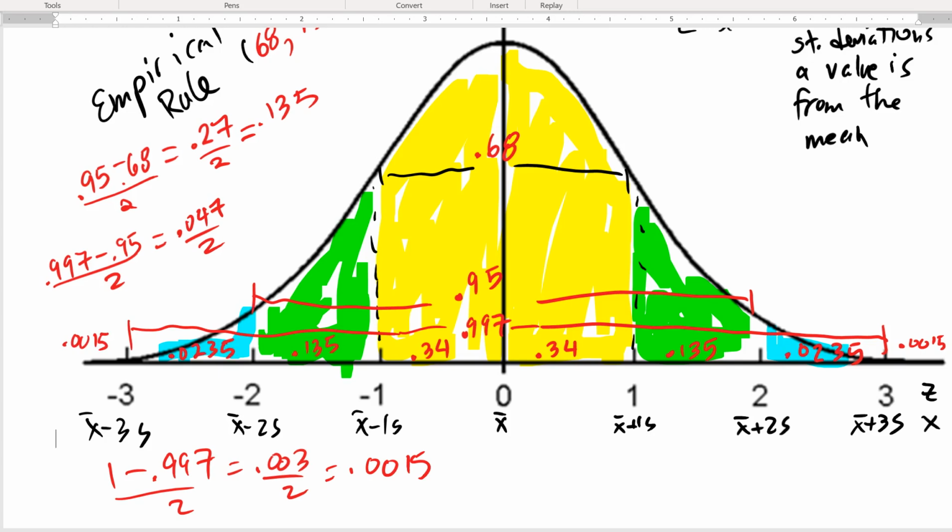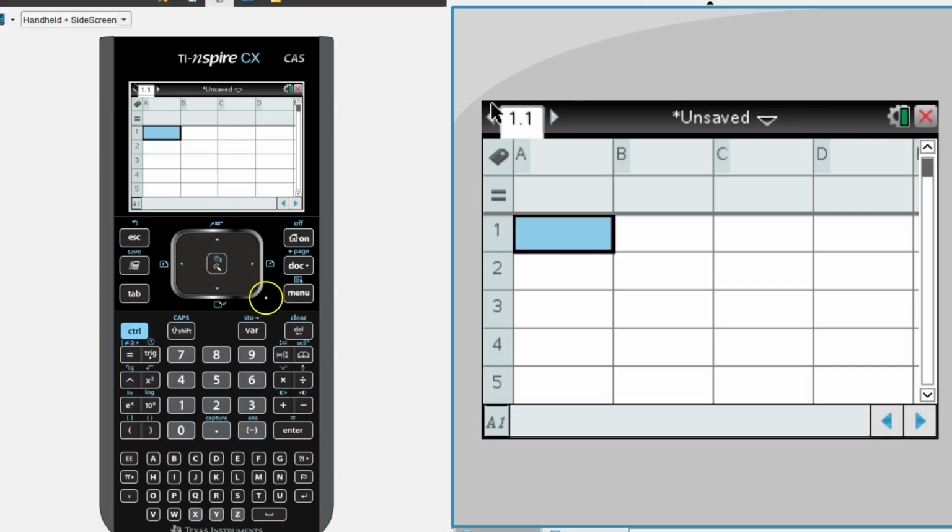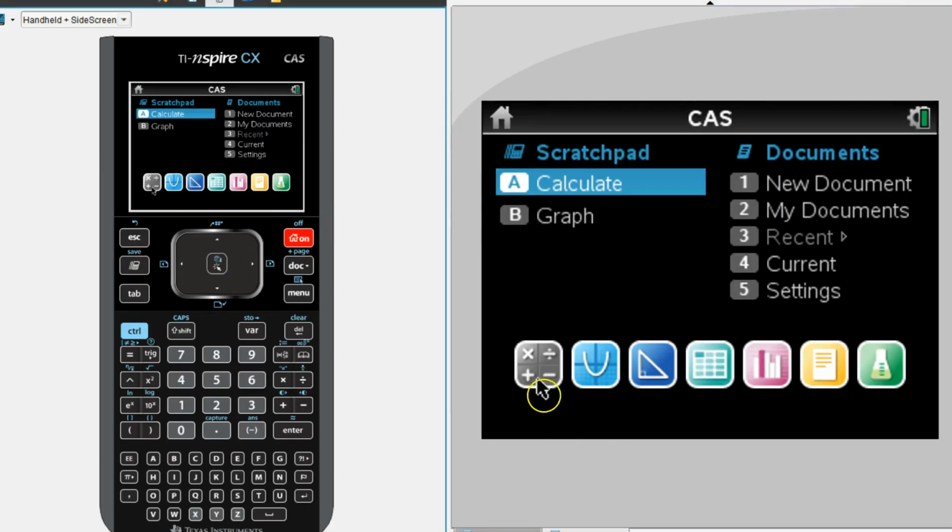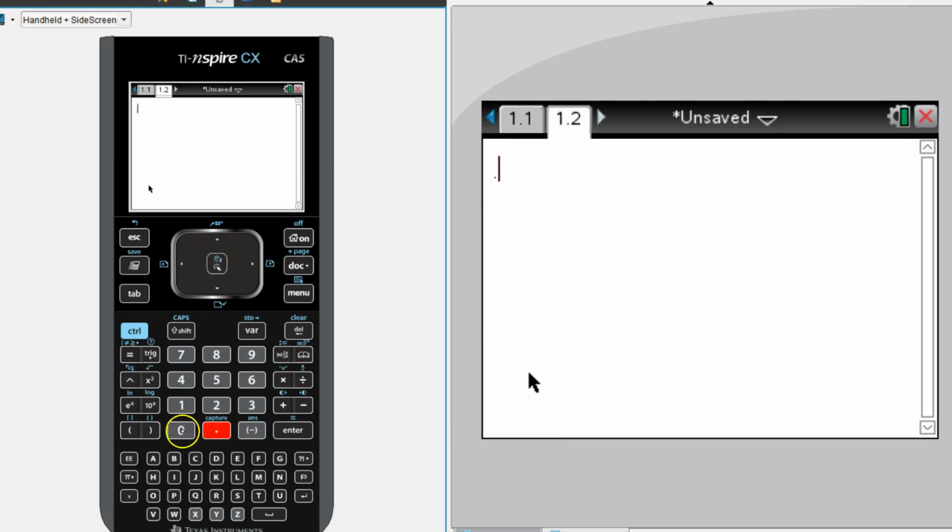So what would happen if I added up all these numbers here along the bottom, right? Well, ideally they should add to 1, right? So we have 0.0015. So let's go and do that. So 0.0015 plus 0.0235, I think.